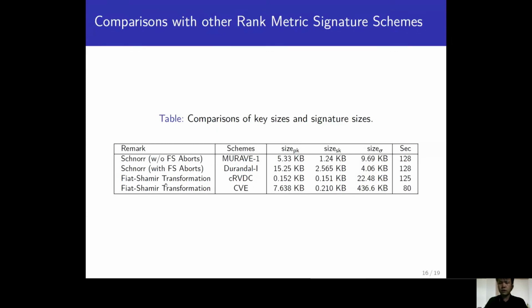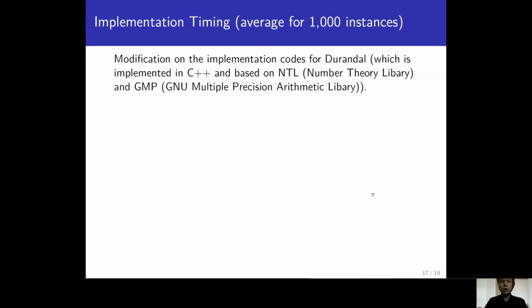Also, for these two types of signatures, their signature sizes are generally bigger than other types of signatures. We also modified the implementation code for Durandal, which was implemented in C++ and based on NTL and GMP, so we tried to compare our performance with Durandal.